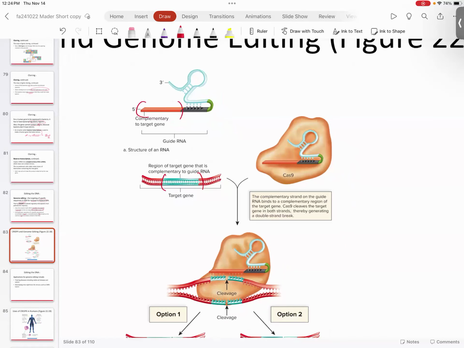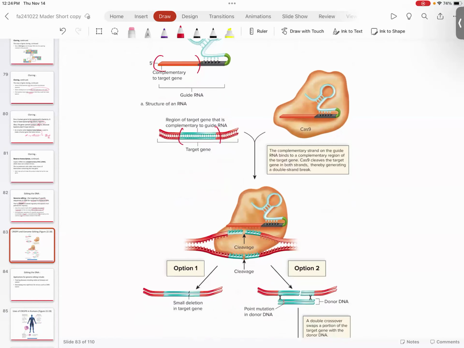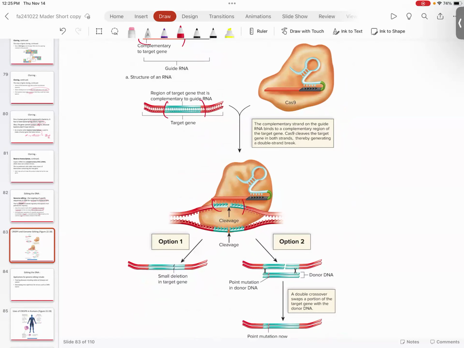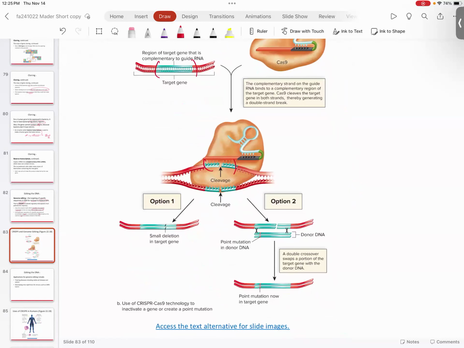So what's going to happen is Cas9 is going to bring the guide RNA in. It's going to identify our gene of interest. And when it does that, it basically cuts out the gene and then replaces it with the new piece. So where you had a mutation in a genetic disorder before, the new piece of DNA that it swaps in there, cutting out the old one and putting in the new one, will have no mutation in it now.